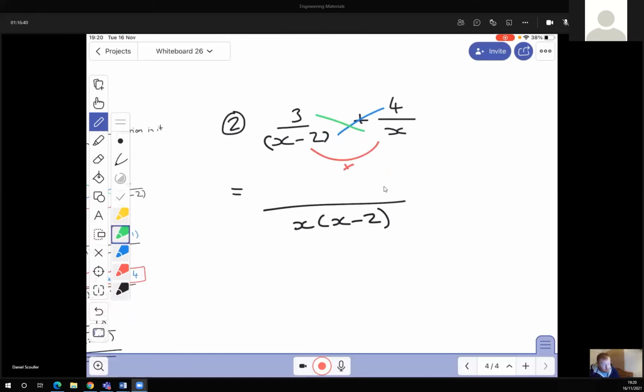That's now in a common form. We now do the same in the top, as we always do. 3x multiplied by 4, and then a bracket. Remember the top line, we need to break the bracket.